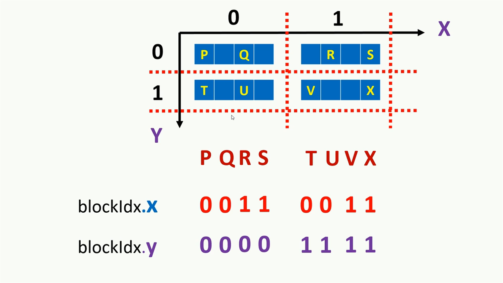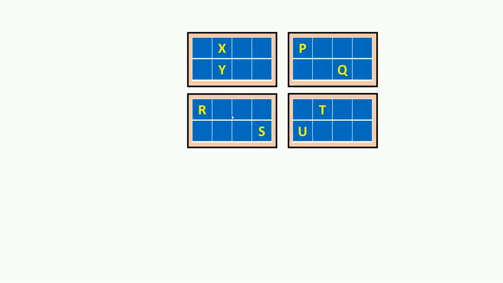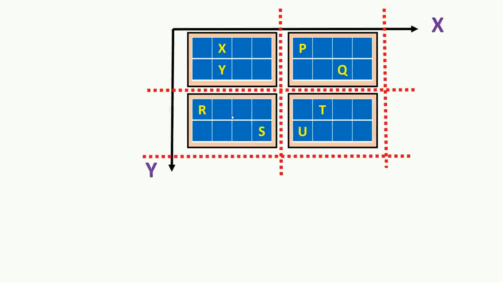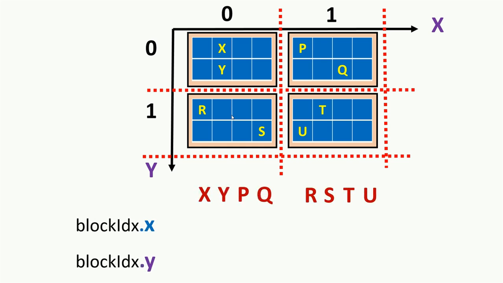Let's look at another example now. Here we have a two-dimensional grid with 2 thread blocks in x and y dimensions, and the thread blocks themselves are also two-dimensional. But still, all the threads within the same thread block are going to have the same blockIdx values regardless of the thread block's dimension. So here also, blockIdx.x and blockIdx.y values for X and Y threads are going to be 0.